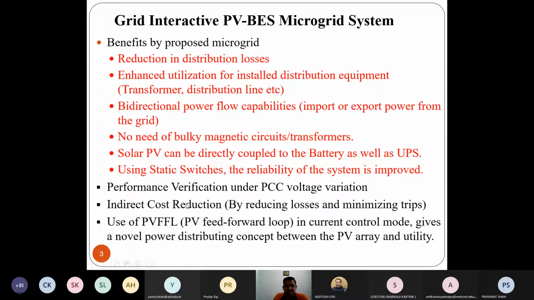Using static switches, we can improve the reliability of the system. Now we are slowly moving toward the topology of this photovoltaic battery energy storage based system. After the point of common coupling, we have put some switches; static switches are nothing but power electronic switches.